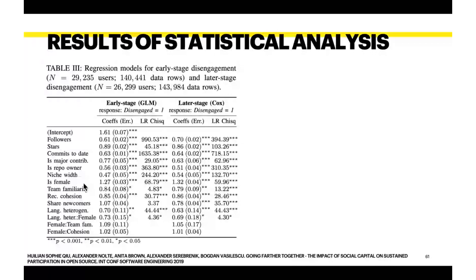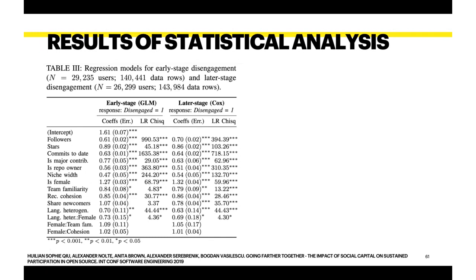The same holds for more active projects, based on the number of commits, and more versatile projects. This is related to the variable called niche width here. We also see that, as expected, women disengage faster. If a person is a woman, then they are likely to disengage faster than if they are a man. The coefficient is greater than 1.